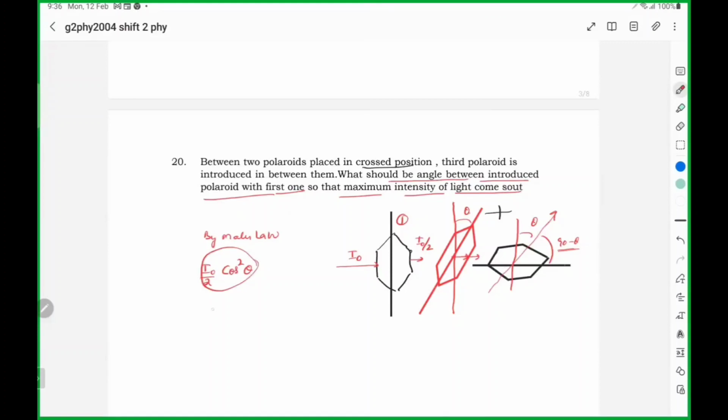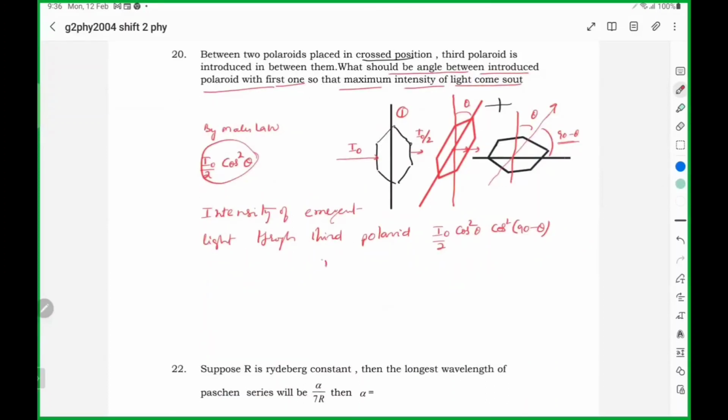Then again by using Malus law, the intensity of emergent light through the third polaroid is I naught by 2 cos square theta into cos square 90 minus theta.